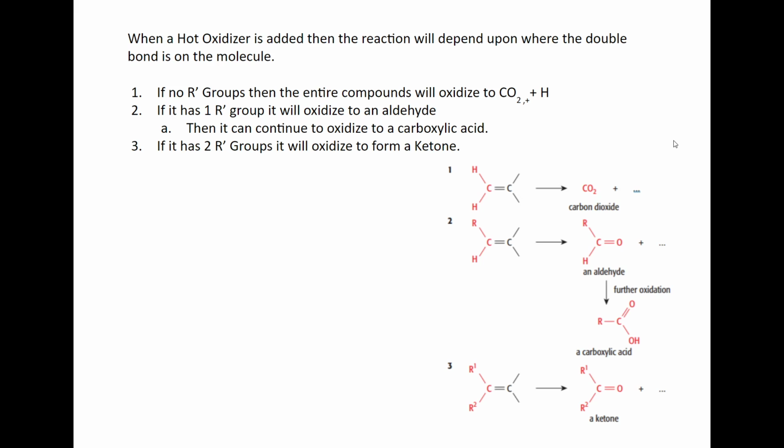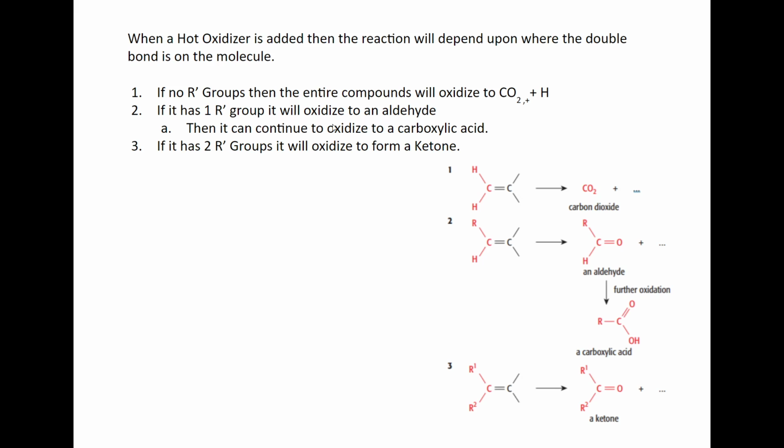So for instance, the first type of molecule that we have is an ethene where a carbon is not attached to any R group whatsoever. And when we have a carbon that's not attached to any R group whatsoever, that's going to end up making carbon dioxide. That's just going to break apart, and it's going to make carbon dioxide, and that'll be that. Okay, we'll have carbon dioxide made, and then we'll have nothing.